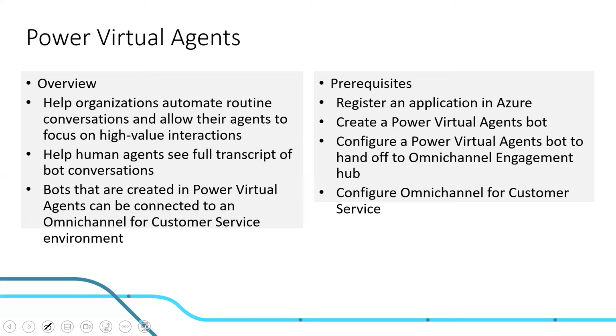It will also help the human agents to see the full scripts of the bot conversations, whatever conversation has been made till now and how things are working. Bots created using Power Virtual Agent can also be connected using omni-channel as the front face of my company, so that every time a customer tries to contact us via chat, they will face a bot first.